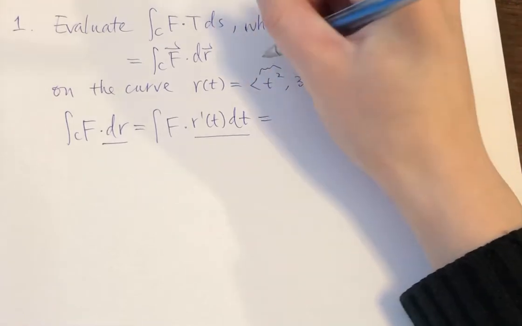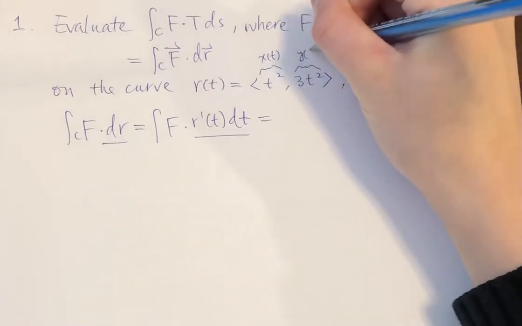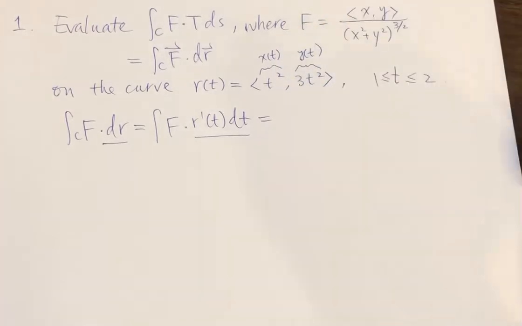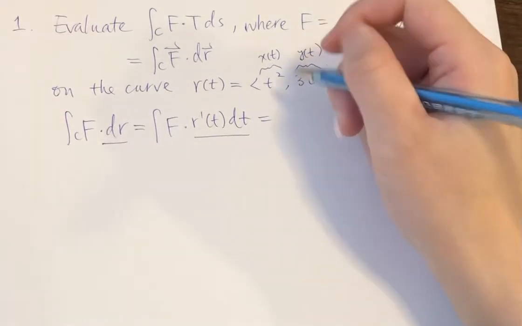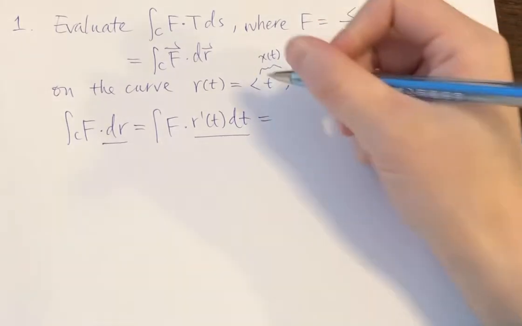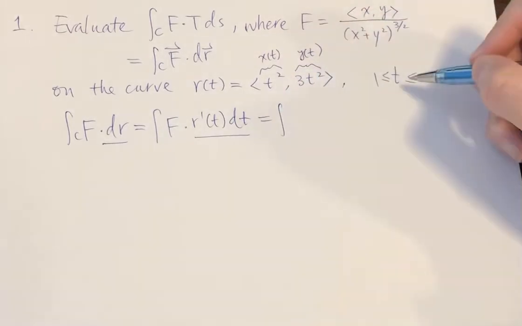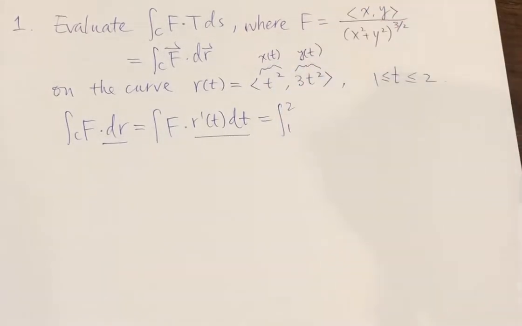So this is actually x in terms of t and y in terms of t. Then maybe one more prep work, I think we can do this in one step. So now everything is about t. So t is between 1 and 2.